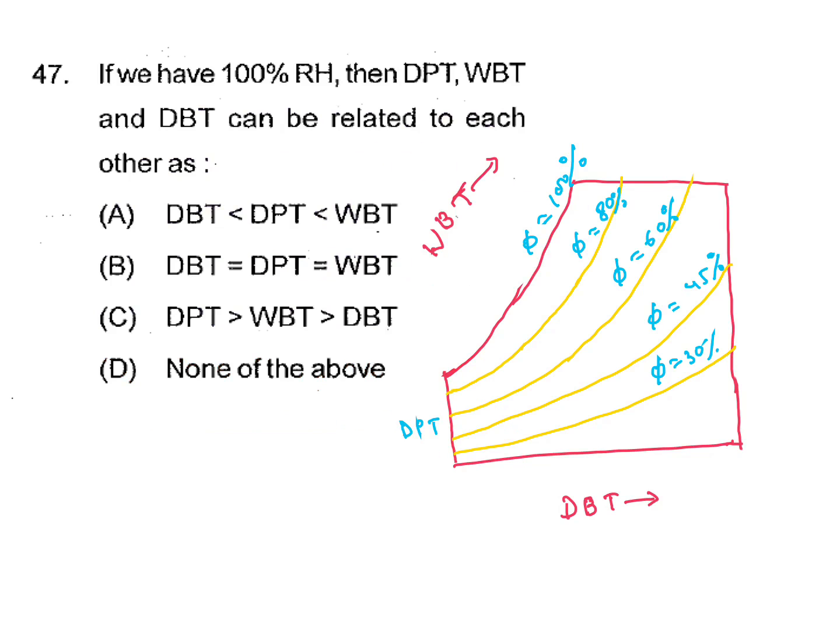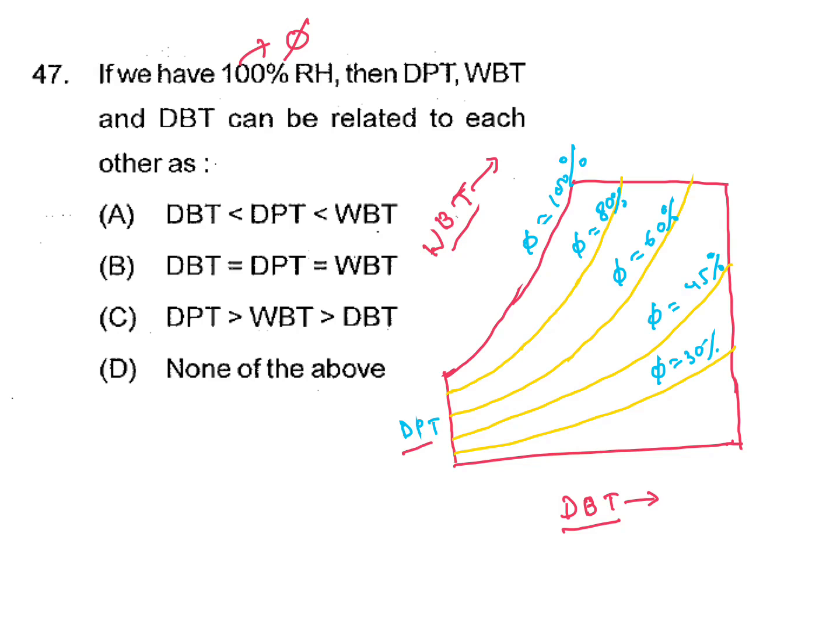Question: if we have 100% relative humidity, denoted by phi, then dew point temperature DPT, wet bulb temperature WBT and dry bulb temperature DBT can be related to each other on the psychrometric chart. DBT is here, see WBT and DPT.